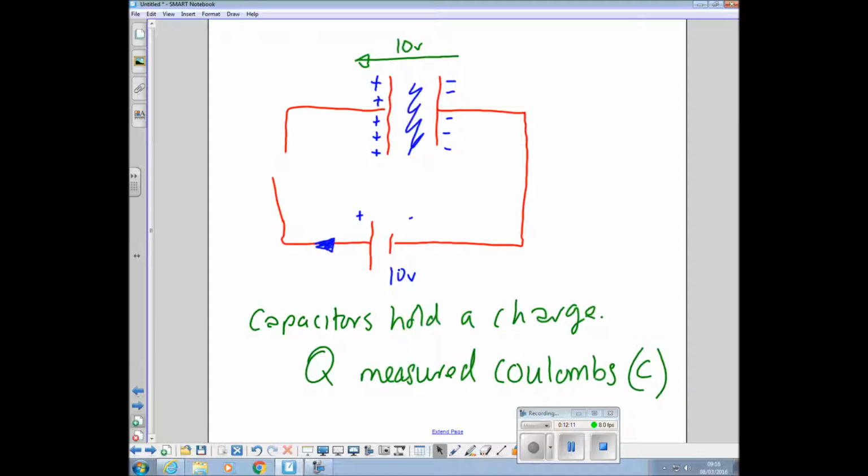We've got capacitors, C, holding a charge Q measured in coulombs using the symbol C. I didn't design the system, I just have to teach it. So the charge stored on a capacitor is Q, the symbol we use to designate it, and that's measured in a unit called coulombs.